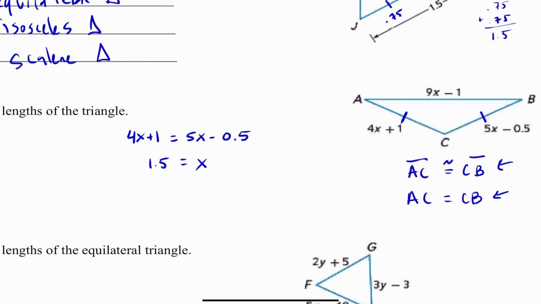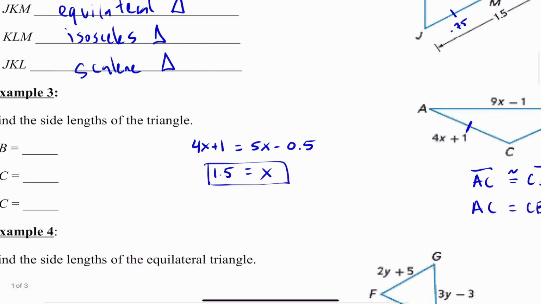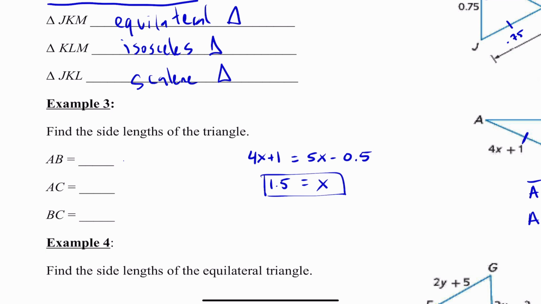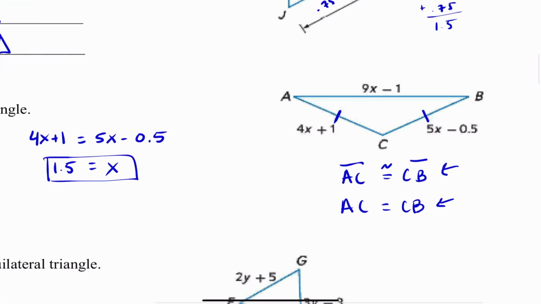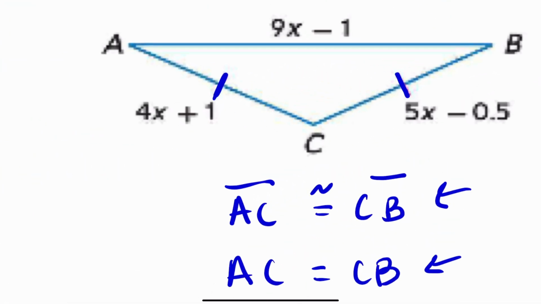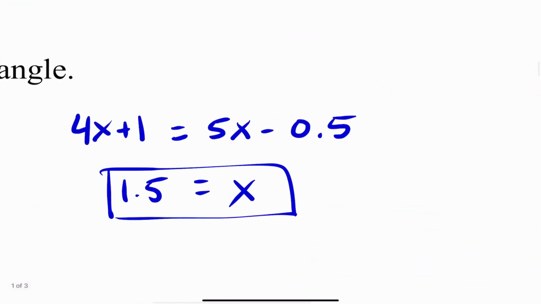Oh, okay, so I already figured out what x is equal to. So x is equal to 1.5, but it's asking me to find the measure of AB, AC, and BC. So note that AC is 4x plus 1, so I'm going to go ahead and replace the x with my 1.5.